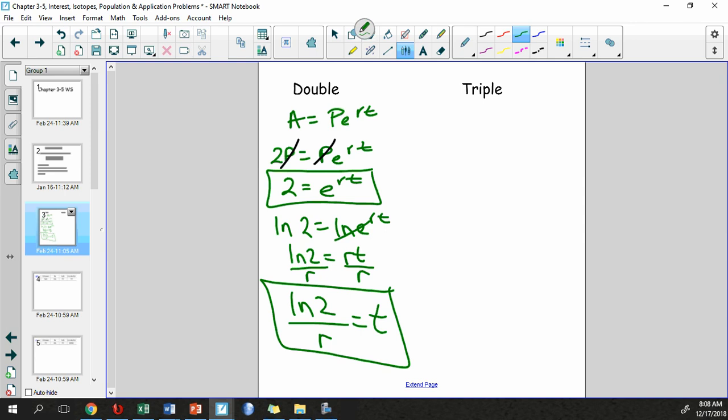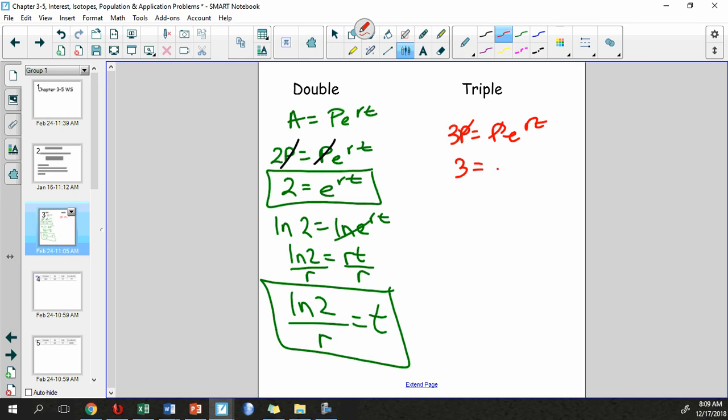So what about to triple? Isn't it going to be the same concept? It's exactly the same formula, but instead of having a 2 there, I'm going to have a 3. Okay? So I'm going to have 3P is equal to PERT.